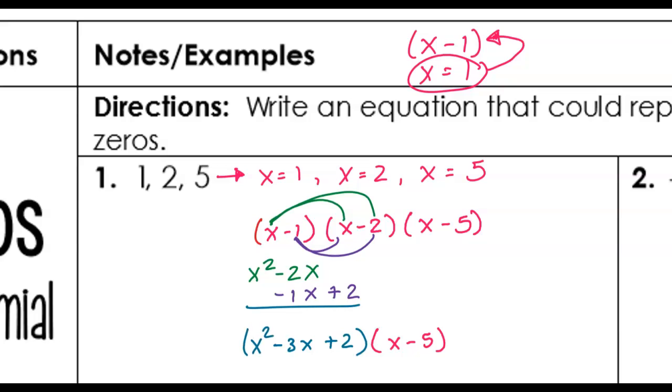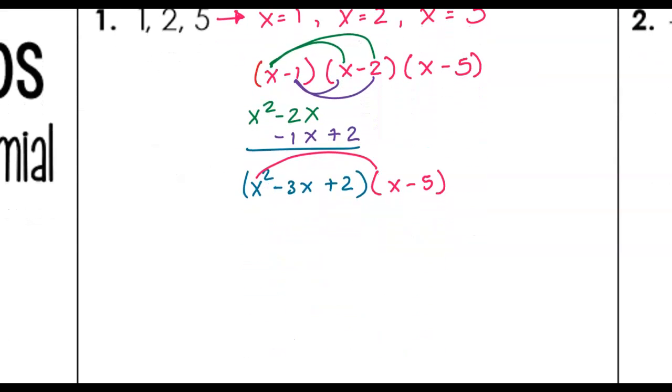So now I'm going to distribute first the x squared to both terms. So I have x squared times x, and I get x cubed. X squared times negative 5, and I get negative 5x squared. Then I'm going to multiply negative 3x times x and get negative 3x squared.